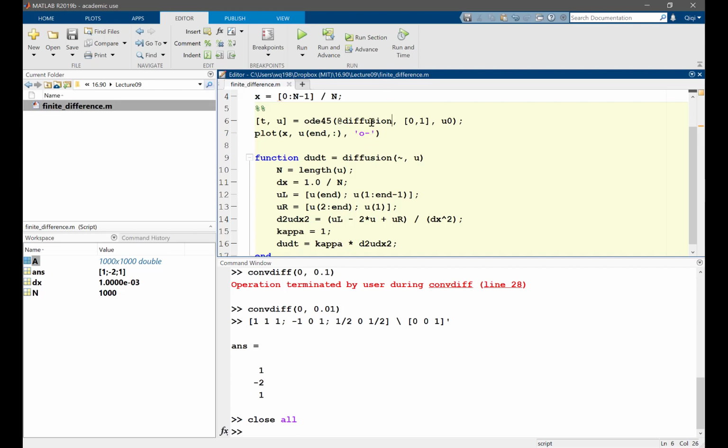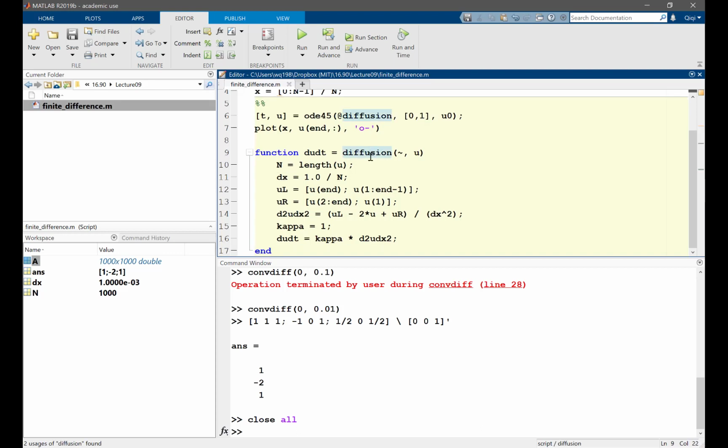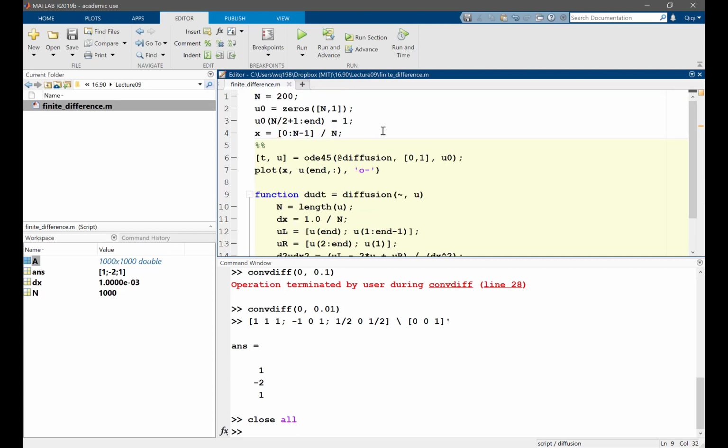So it can be called the heat equation or diffusion equation. du dt is equal to diffusion. That's it. So let's start from the same initial condition and see how the solution evolves.